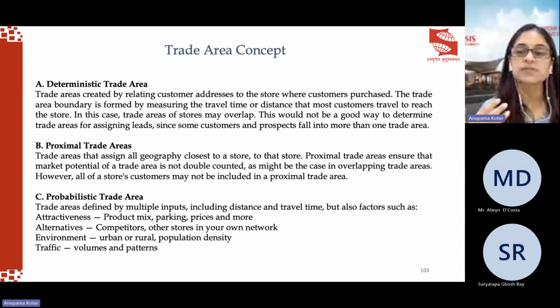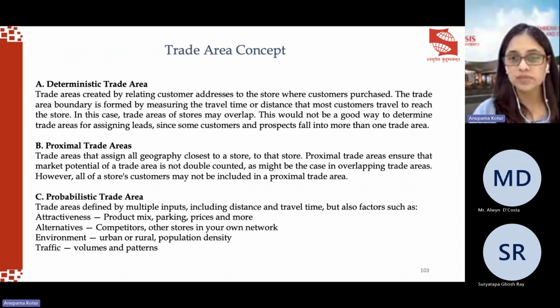They ask you for your phone number, they ask you where is your house, if you're comfortable giving the address or whatever. So based on the profile and the general database that retail brands have been able to develop over the years, they understand which areas they typically come from. And then that becomes the trade area for them.